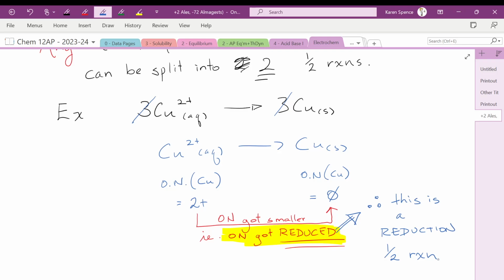Before we go on, is this equation balanced? Tell your partner, do you think that equation is balanced?